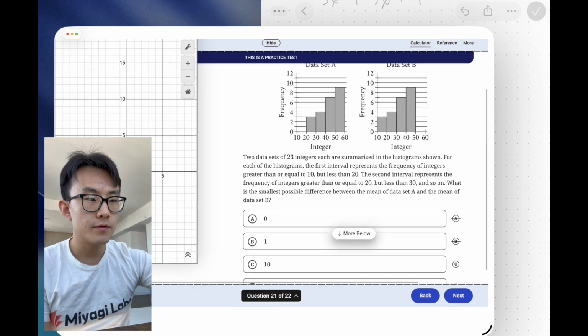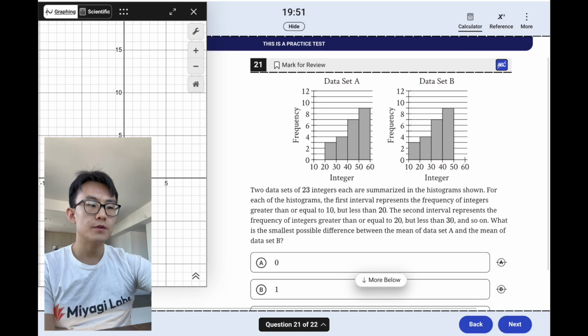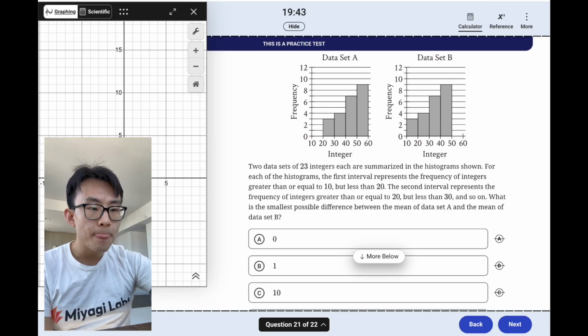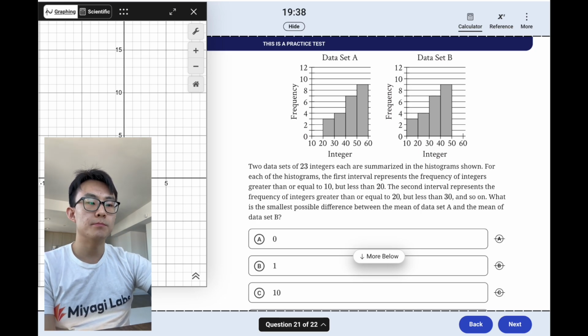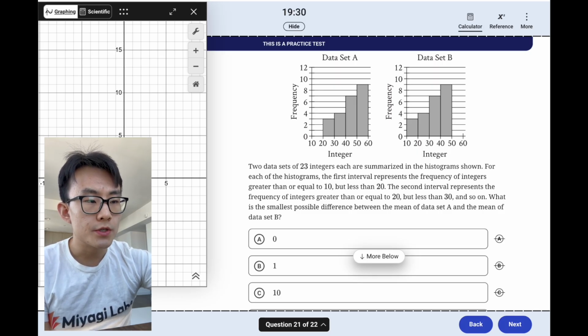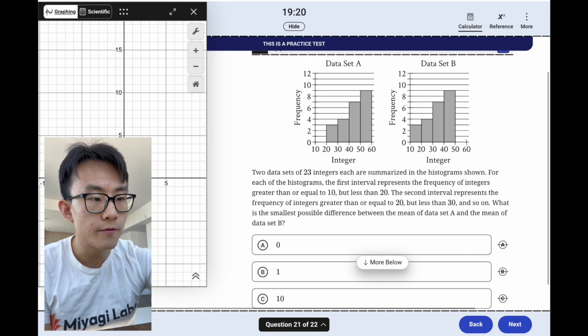Okay, 2 more. Let's finish this off. 2 data sets. For each of the histograms, the first represents the frequency less than 10 or greater than or equal to 10 but less than 20. What's the smallest possible difference between the mean and the median? Okay, so let's take a look at these. There's 23 integers, so we care about the 12th. So the 12th integer is going to be somewhere in the 40 to 50 range here.